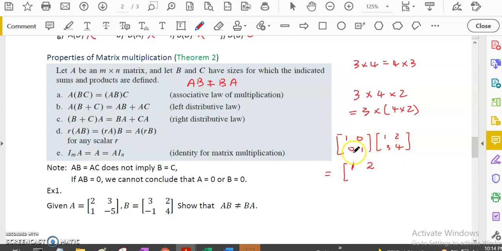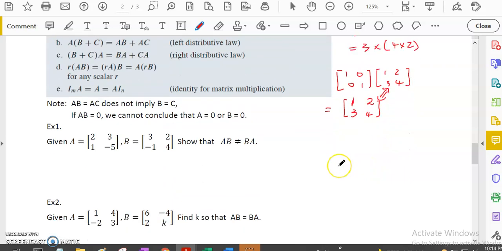Row column, 0 times 1 is nothing, plus 1 times 3, so the 3 would show up. And then lastly, 0 times 2 is nothing, 1 times 4 is 4. So you can see that after you multiply it, it would just be the same as whatever you have. I times anything is equal to that matrix.